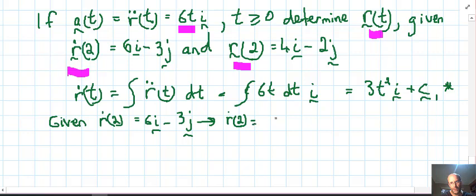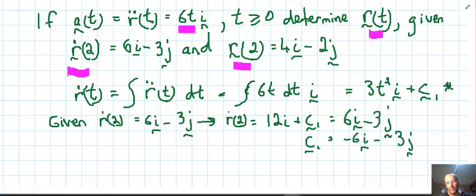So on the left hand side we have 3 times 2 squared, which is 12i, plus c sub 1 will equal 6i minus 3j, the given information. So we can work out the constant vector, negative 6i minus 3j.